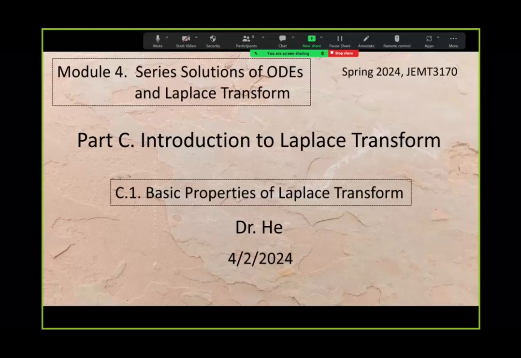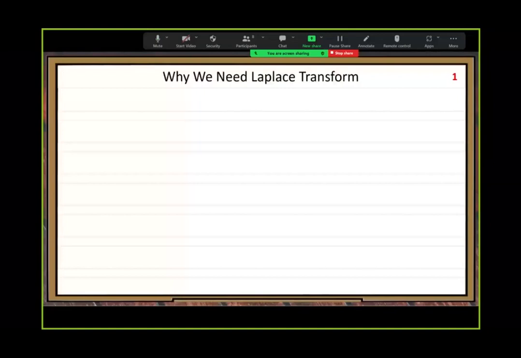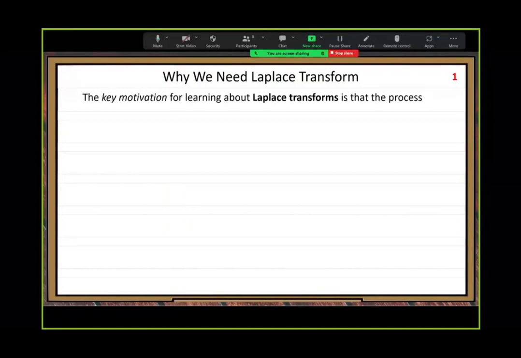So today, let's look at the Laplace transform. Basic properties. Why do we need the Laplace transform? The key motivation, and we will see the definition soon, just in the next slide.